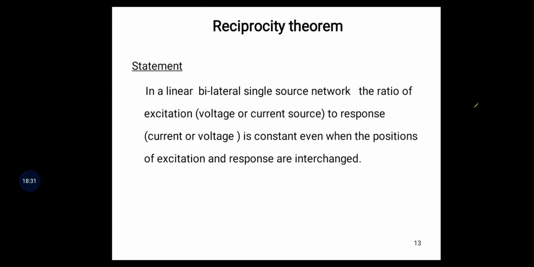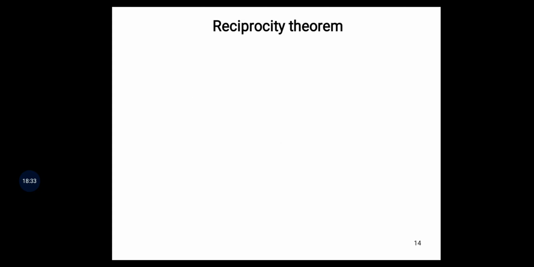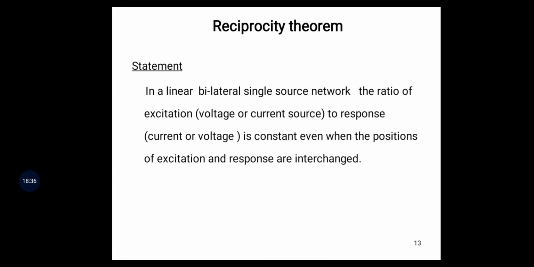Next we will discuss the reciprocity theorem. So what is meant by the reciprocity theorem? The statement is: in a linear bilateral single source network, the ratio of excitation, voltage or current source, to response, current or voltage, is constant even when the positions of excitation and response are interchanged.